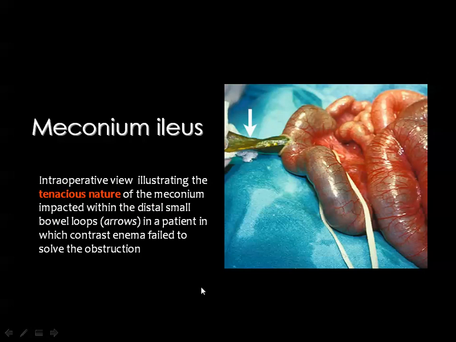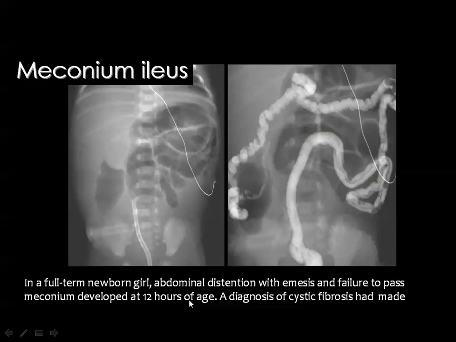And this is the appearance of meconium when it is accumulated in the terminal ileum, and you can see the tenacious nature of this meconium, which is not easily excreted through the normal ways.